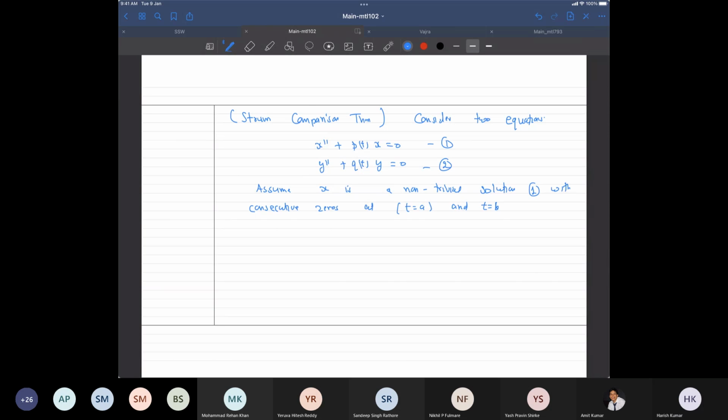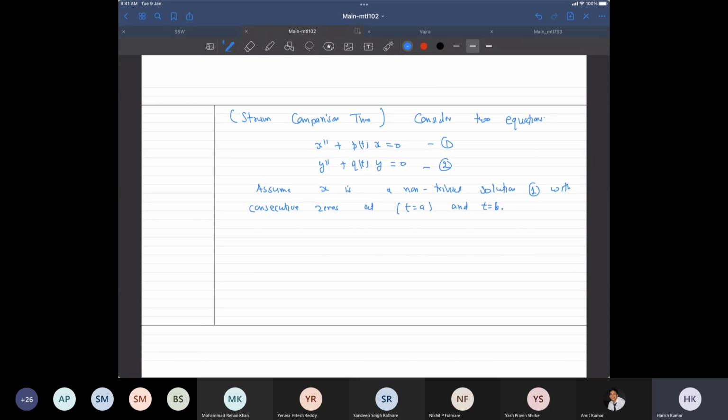Then, okay, the setting is exactly like in the first theorem before it. We also need to assume some relation between p and q because we are going to compare them.